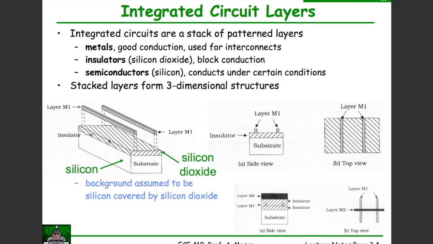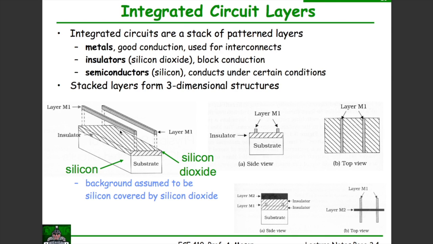So layout is nothing but the top view. This is the side view, and if you see this thing from the top, you can imagine a structure something like this, two metal layers on top of this. So this is layout. You can assume these metals like an apartment building.